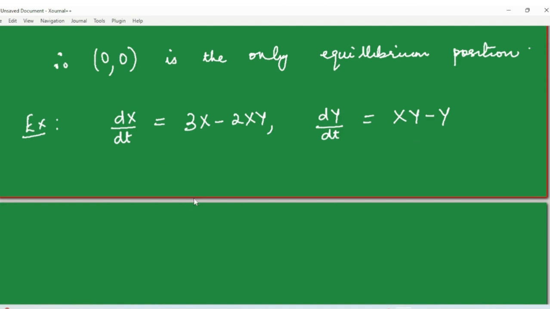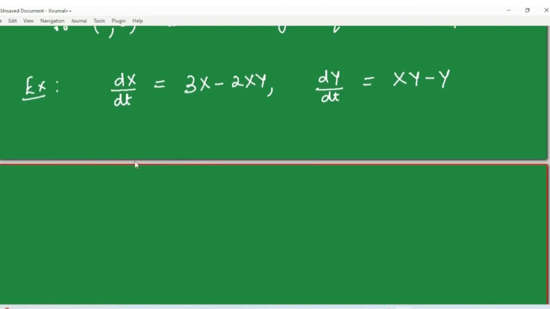Please note carefully that whenever you are finding equilibrium positions, you have to consider those positions for which the rates of change which are mentioned in the model, all the rates of change should be zero. So here, since there are two rates involved, for equilibrium we'll be considering those ordered pairs such that dx by dt is 0 and dy by dt is 0.